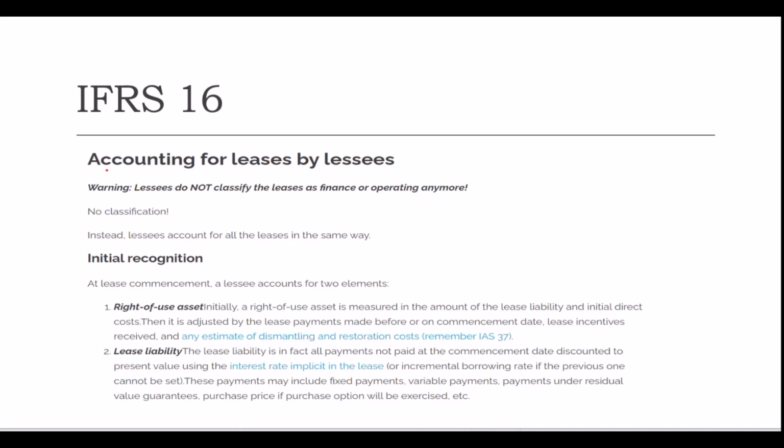That when you have an asset and after 30 years you have to restore the site back to its former glory, that cost you are going to incur to restore the site has to be included in the cost of the asset initially. So you have to estimate it. Let's say you are standing today and you are going to restore the site in 30 years' time.